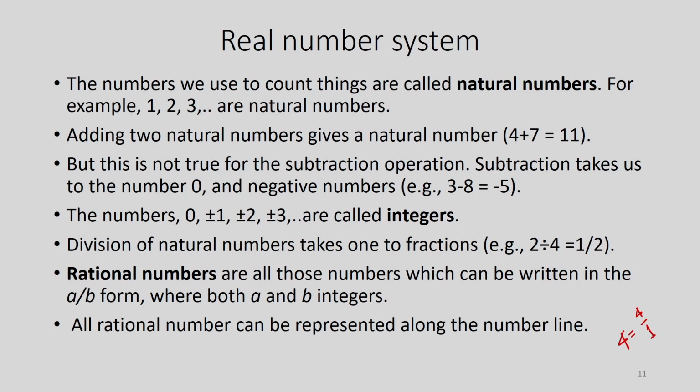So, by that definition 4 is a rational number, and so is, let us say, 1.25. 1.25 can be written in what form? It is 5 by 4, right? 5 is an integer, 4 is an integer. So, 1.25 is a rational number.